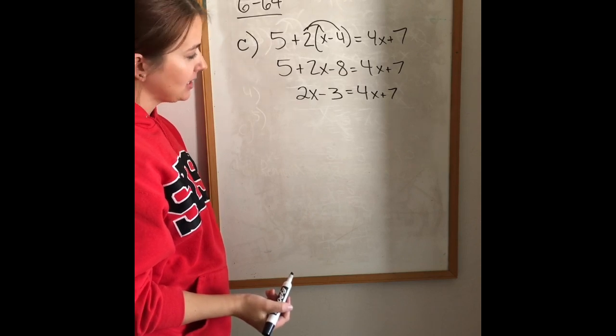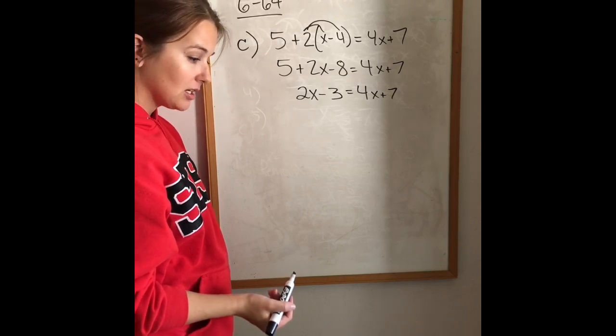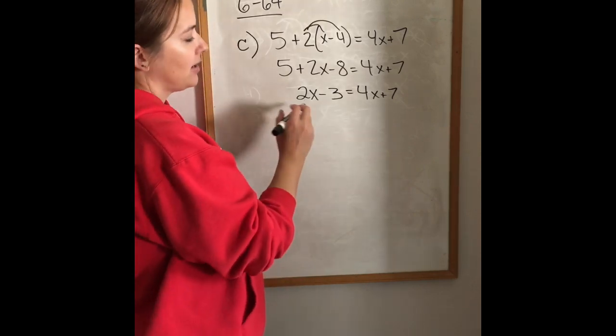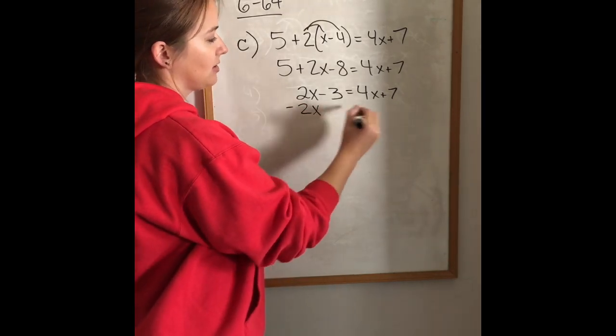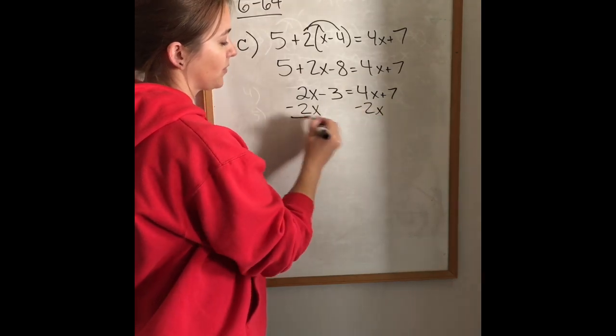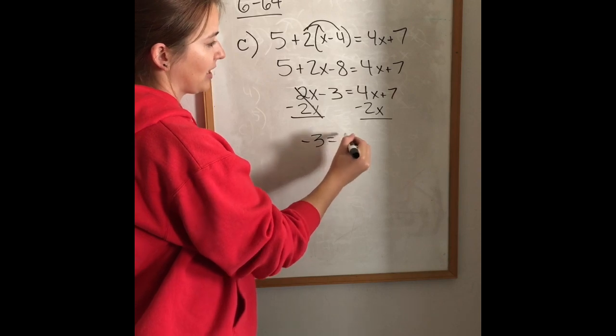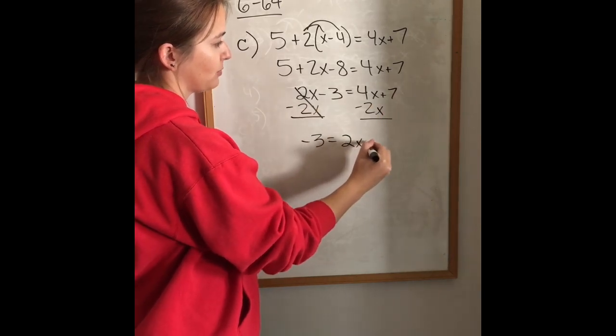And the next thing I did was, okay, I subtracted a 2x from both sides because I want this 2x gone. And I'm left with -3 equals 2x plus 7.